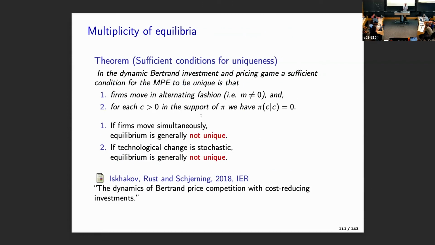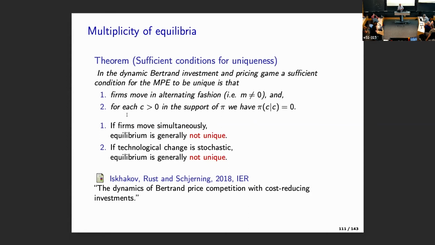Interestingly, we can prove the sufficient conditions for uniqueness in this game. The sufficient conditions turn out to be that the firms have to move in alternating fashion. And interestingly, it doesn't matter whether it's deterministic alternation or stochastic alternation.